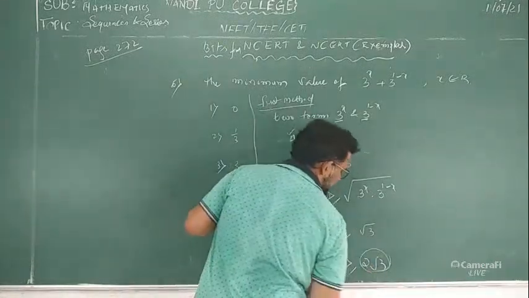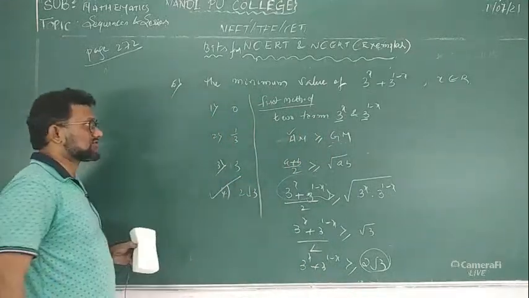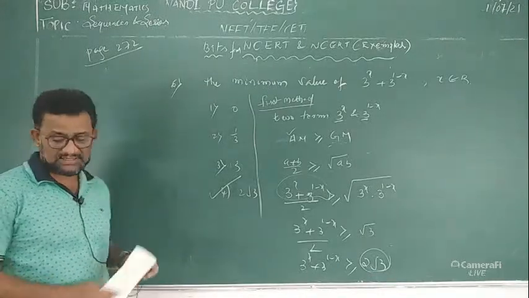So 2 root 3 is the least, that is the minimum value.